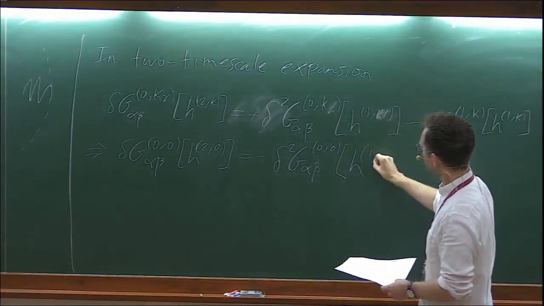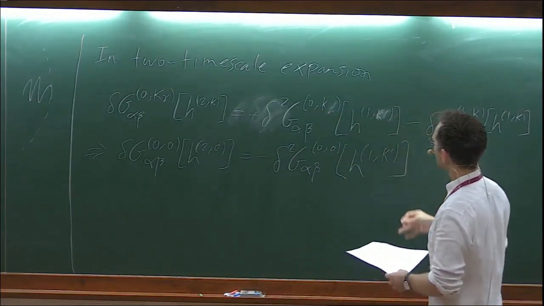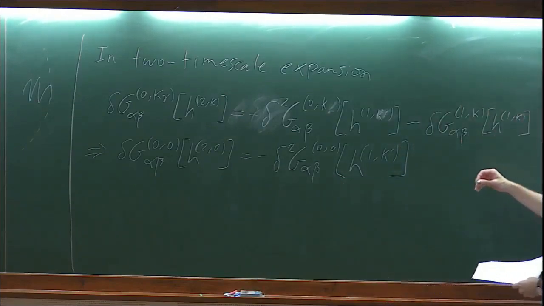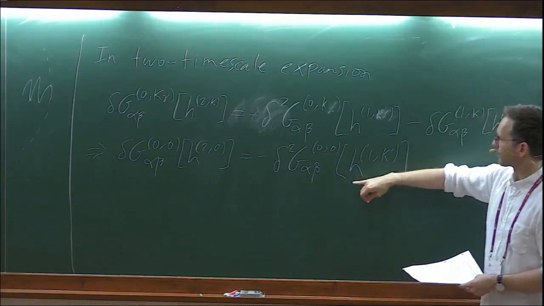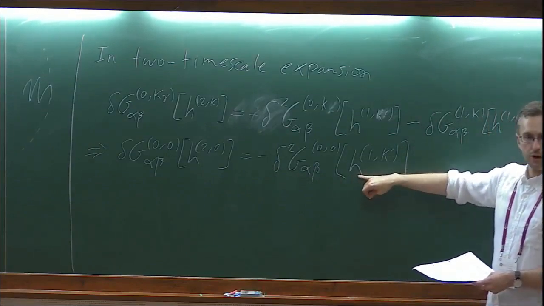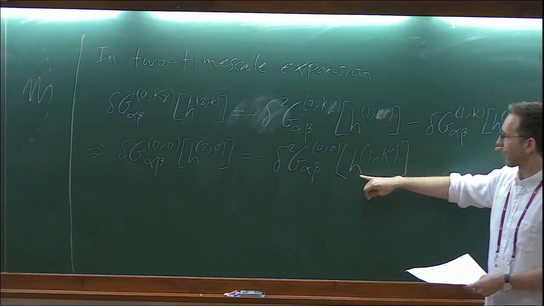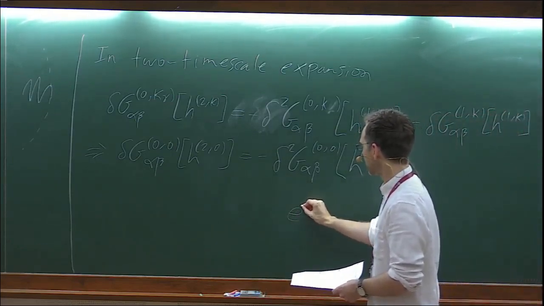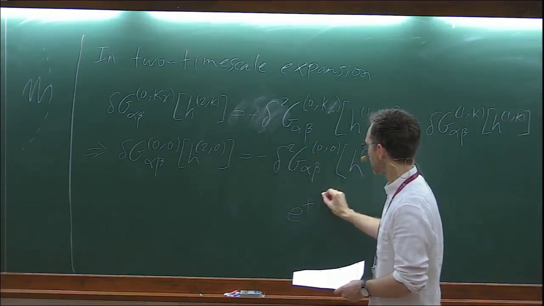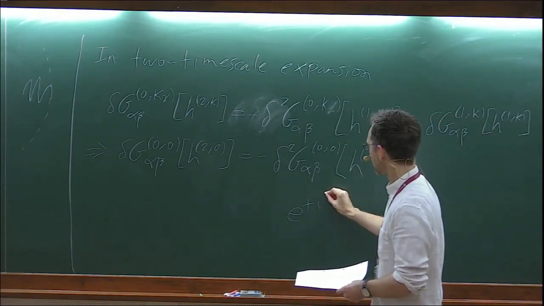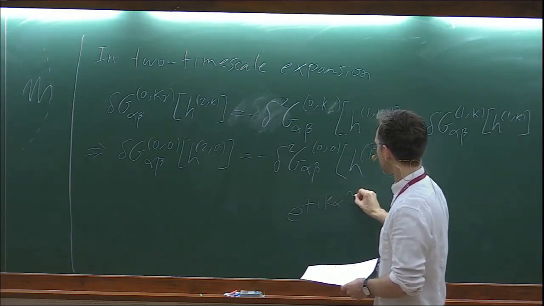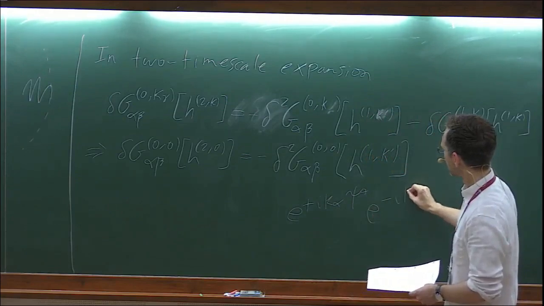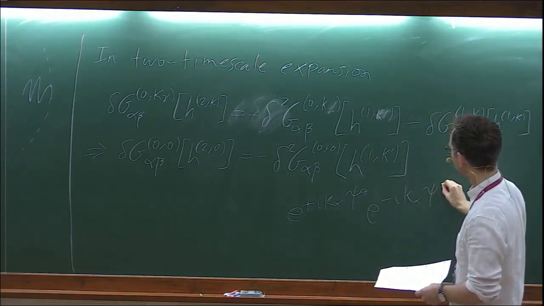But the important thing to realize is that the zero frequency piece of this quadratic operator is coming from pieces of the first order metric that are not quasi-stationary. They're coming from oscillatory things. That's because you can have modes beating against each other. So you get e to the i k alpha psi alpha, and then e to the minus i k alpha psi alpha.